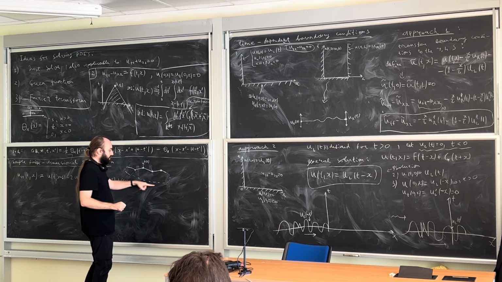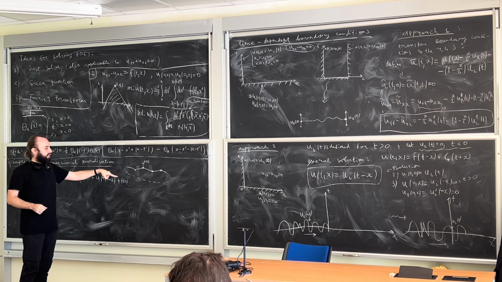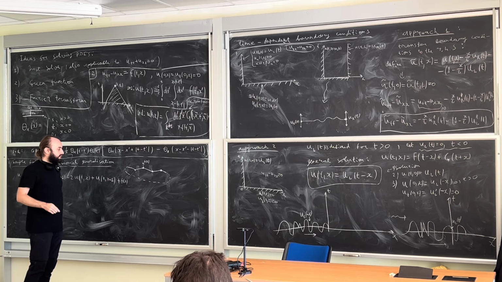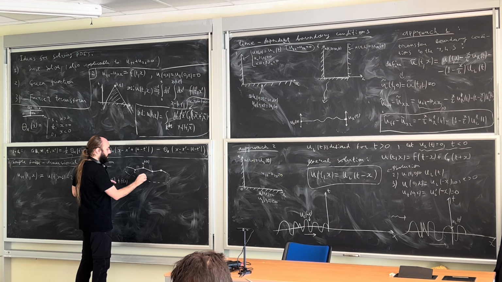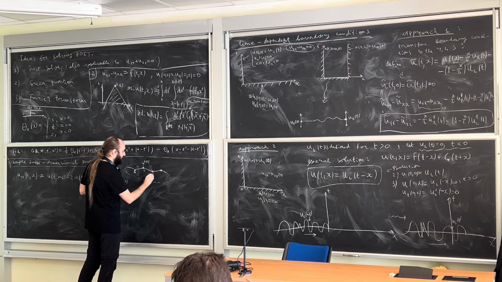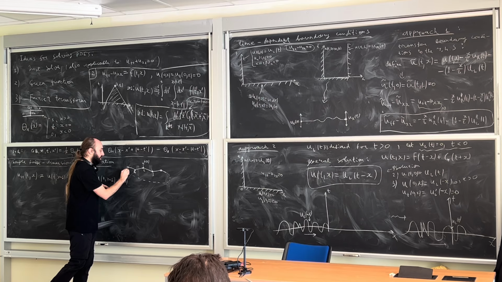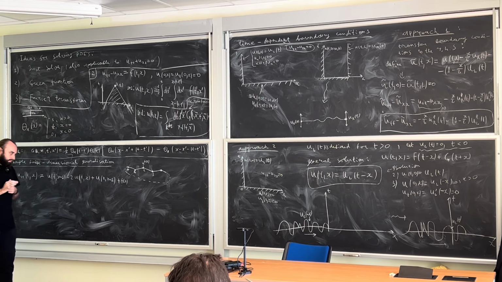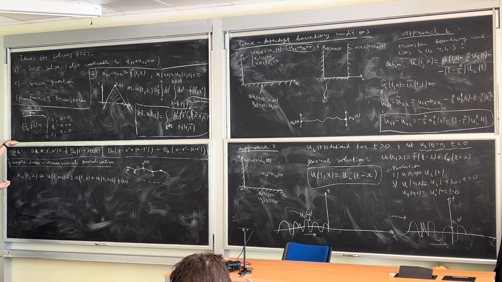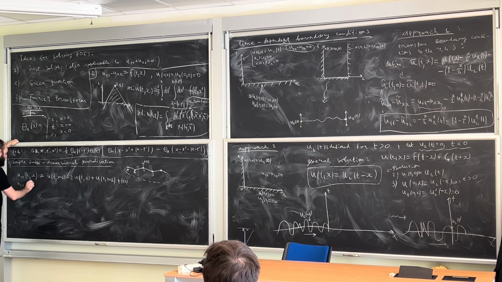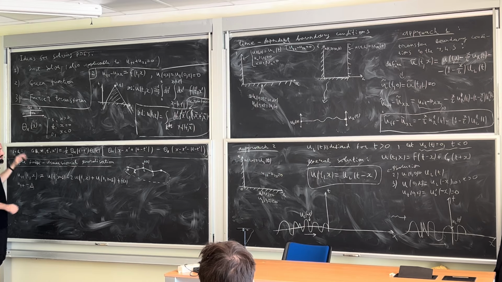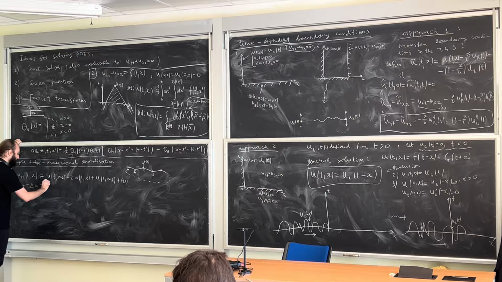For example, we can close this string, or this discrete analog of a string, and say that there are only n sites. So this is site n. So in principle, we have this kind of equation: minus the discrete Laplace operator acting on u equals f.